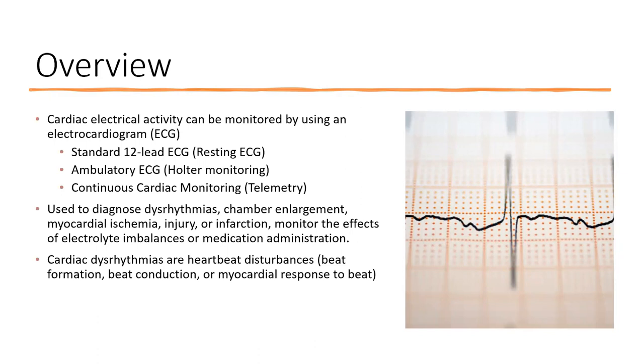So I wanted to just go through an overview. Cardiac electrical activity can be monitored by using an electrocardiogram, so an ECG. We've got 3 different types that I want to talk about today, and you can see those all on the next slide. The first one is a standard 12-lead ECG, which is usually called a resting ECG.